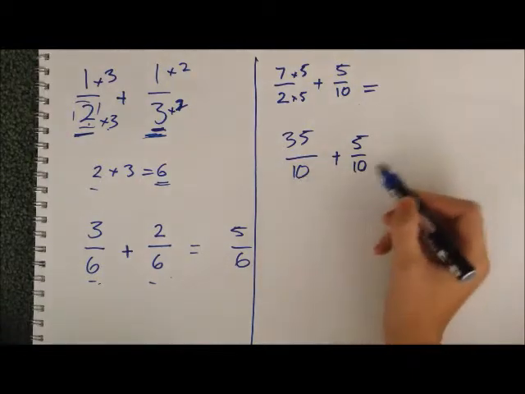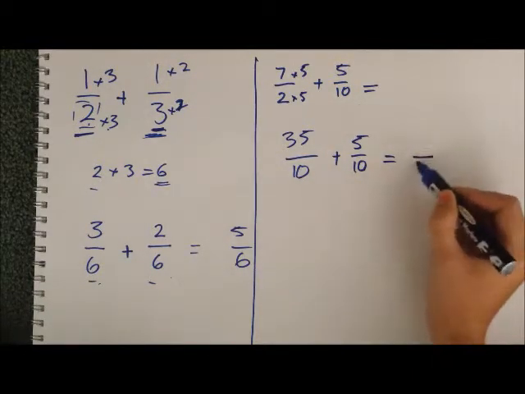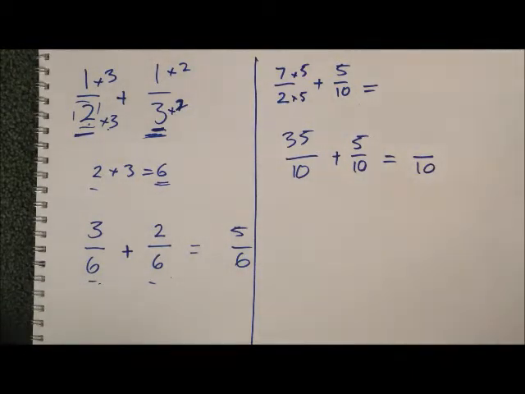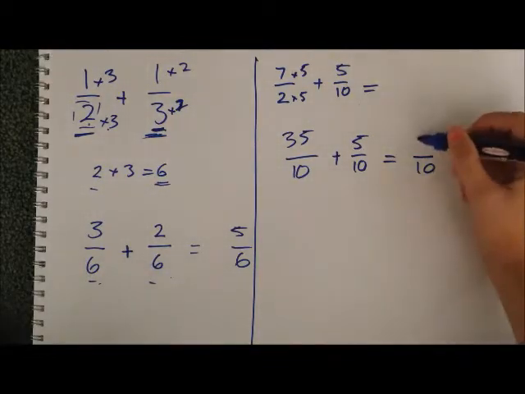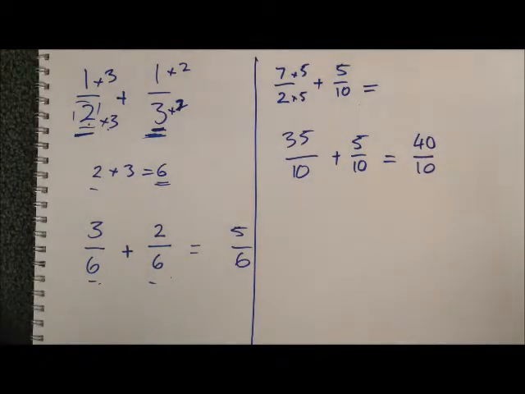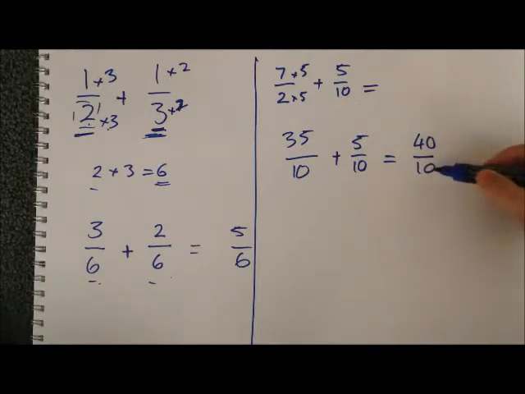And so we've got the same denominator, so it's going to be something on 10. So it'll be 40 on 10. But in a test situation, they would want you to simplify that down. So how many times does 10 go into 40? 4 times.